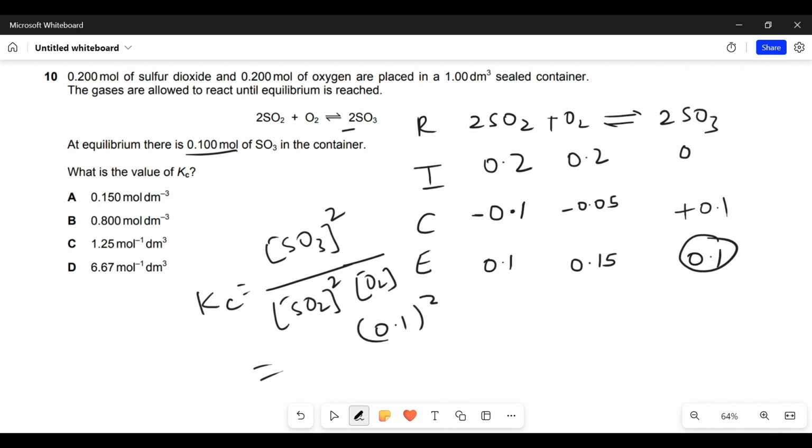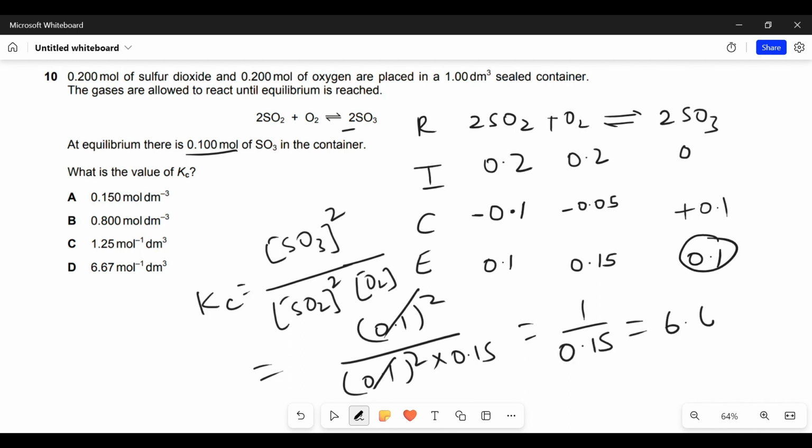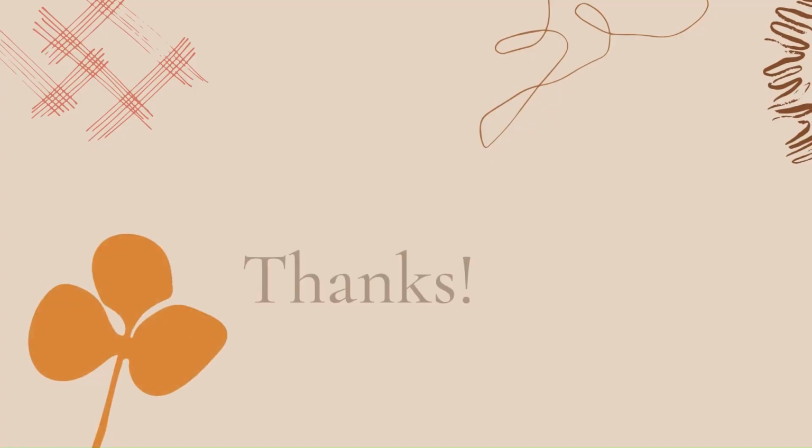So 0.1 squared divided by the concentration of SO2 squared, which is 0.1 squared, times 0.15, which is the concentration of oxygen. Since both of these are equal, they can be cancelled out. So Kc is equal to 1 upon 0.15, which comes out to be 6.67. Hence option D is the correct response.